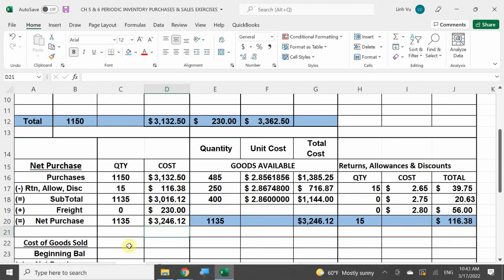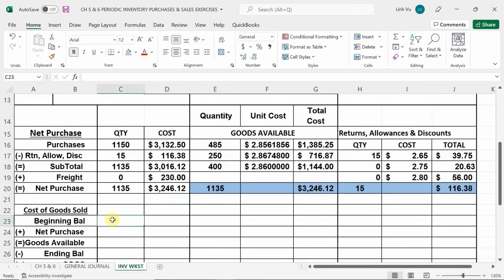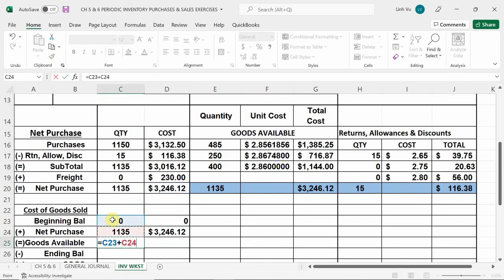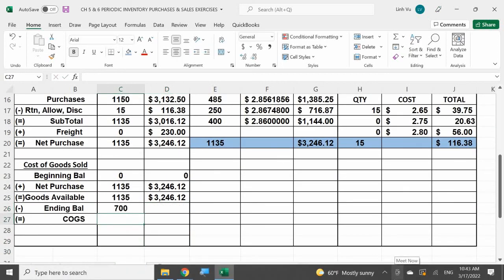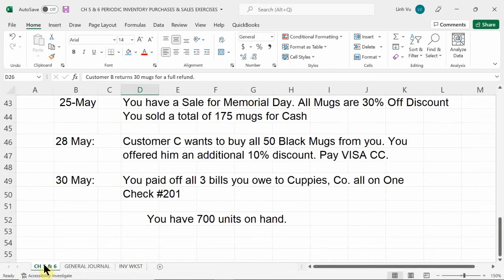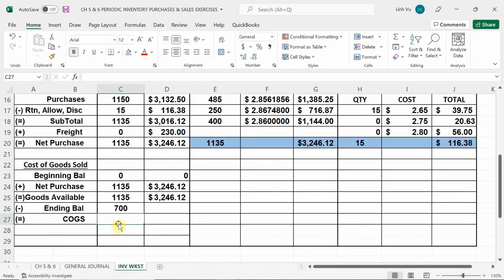In this case, I don't have any beginning inventory. And if I carry the values that I calculated from above, my net purchases become my goods available. We were also given that we had 700 units on hand. So that means we must have sold a total of how many units?